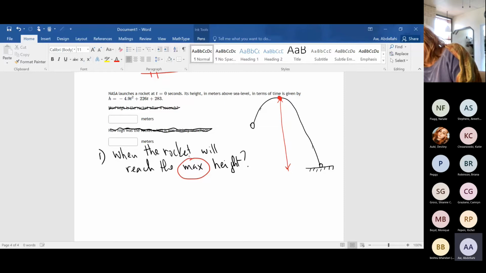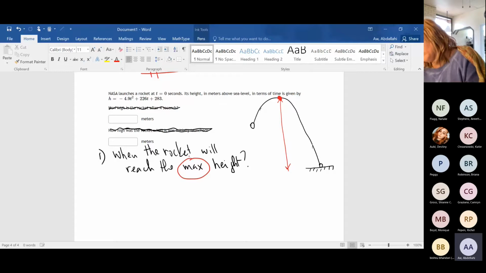Okay? The answer is in the vertex, right? Now, the vertex is a point that has an x coordinate and has a y coordinate, right? So sometimes the answer will be the x coordinate of the vertex.